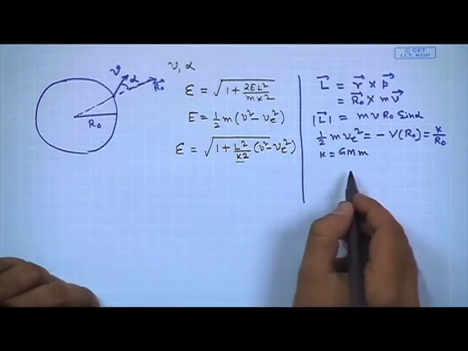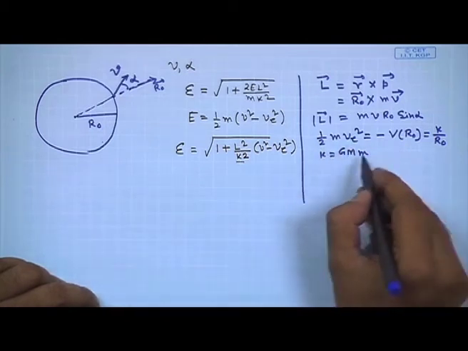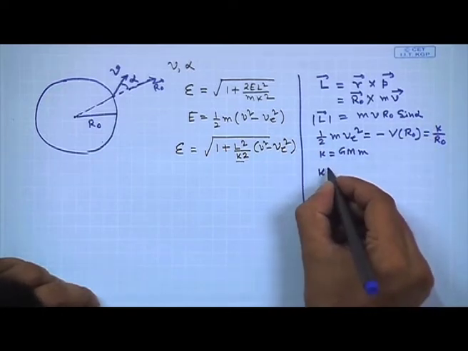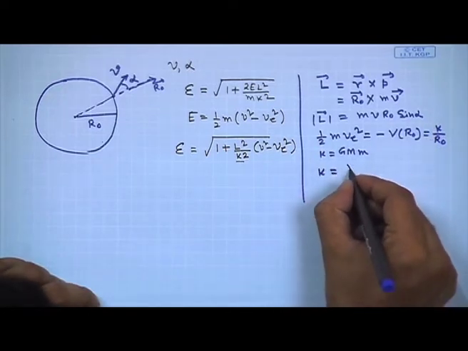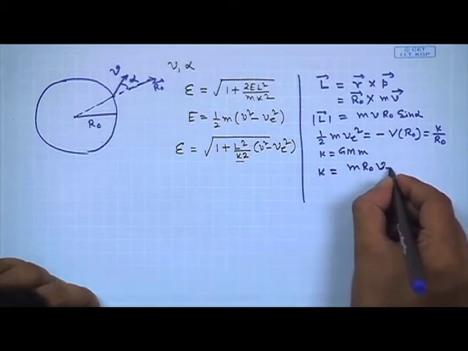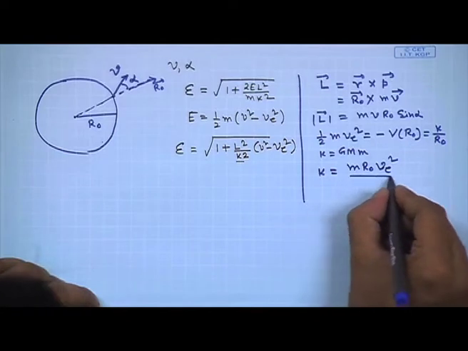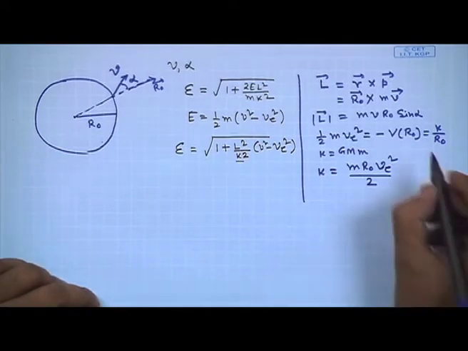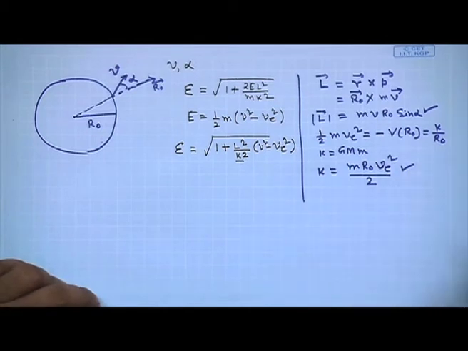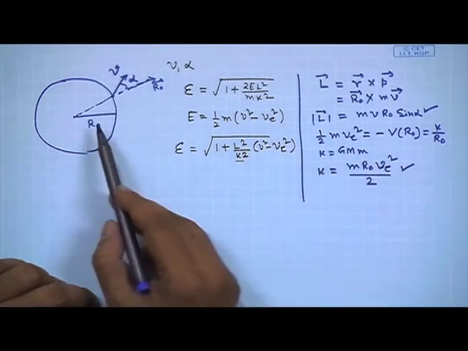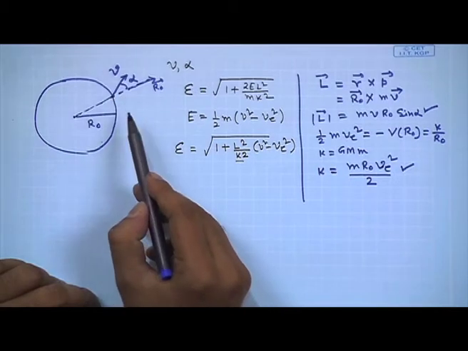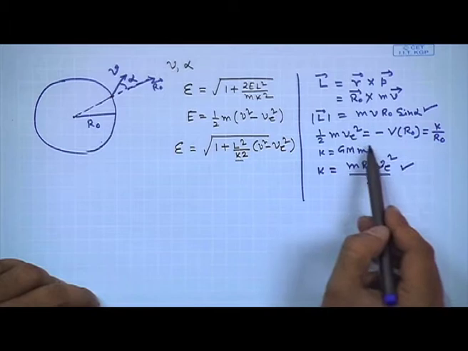So, using this expression, we can write k is equal to m r0 v e square divided by 2. So, we have one value for L, one value for k, both in terms of the known parameters r0, m being the mass of this particle, and v e and v.